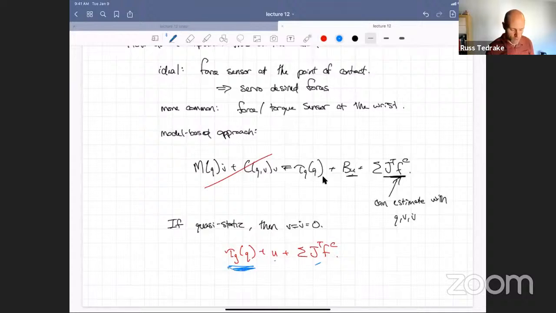If we are able to subtract out this model directly in the low acceleration, low velocity regime, then we can just use our joint torques to connect to the force.